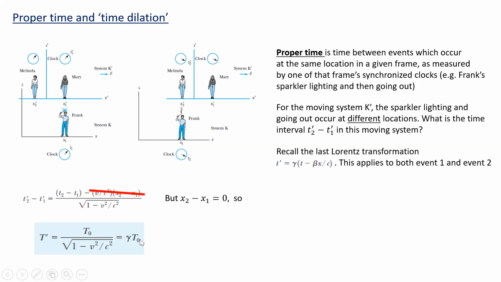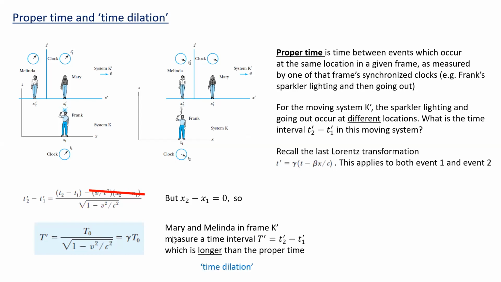So we see that Mary and Melinda in this moving frame, K prime, will measure a longer interval T prime than the proper time T0, because gamma, the way it's structured, is always greater than or equal to 1. And this is known as time dilation.